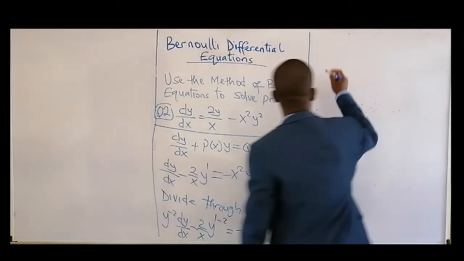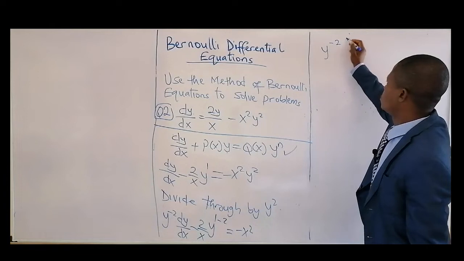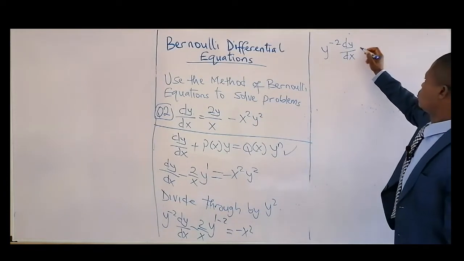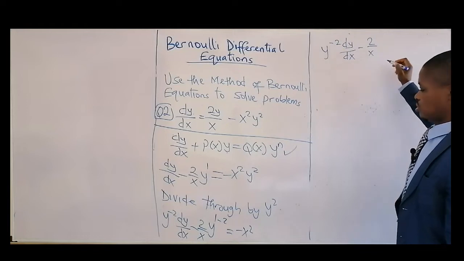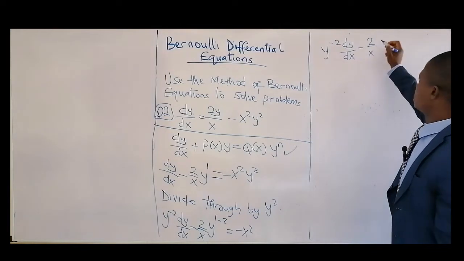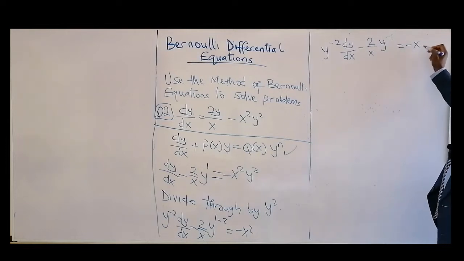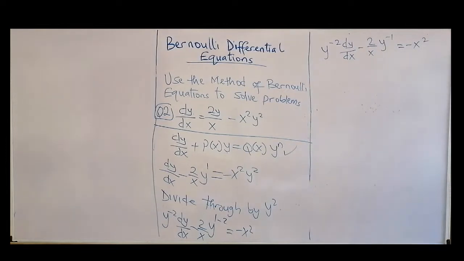Then that will now be y to the minus 2 dy/dx minus 2 over x, 1 minus 2, that's minus 1, y to the minus 1 equal to minus x squared. So that's what we have now.